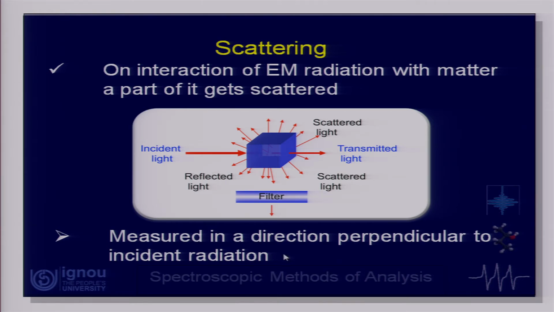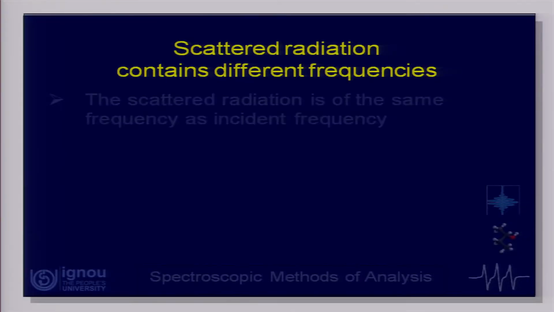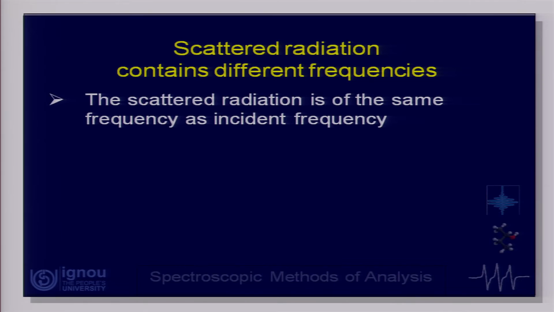And this is actually a very important phenomenon, because this scattered radiation consists of a variety of frequencies. That means I have a system, I give radiation of a certain frequency, that interacts and gets scattered. In the scattered radiation, we find there are two components. The major component is the radiation which is of the same frequency as that of the incident frequency, and that is called Rayleigh scattering.